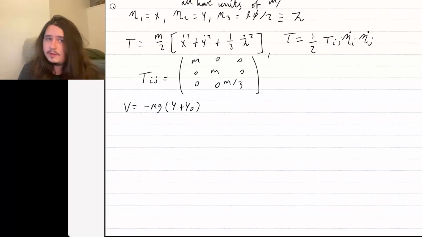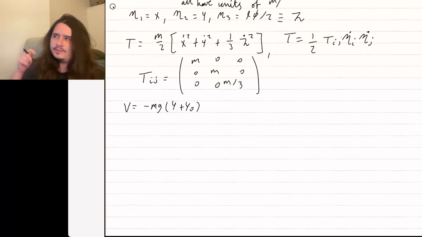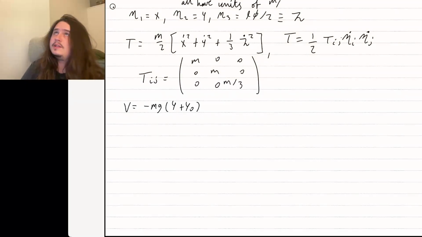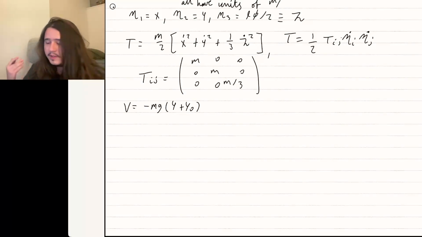It's a negative sign because I defined my y axis to be pointing down in this problem. And y naught is some offset, because in its equilibrium position, the rod is going to be some distance y naught from the ceiling. So that's what y naught is.